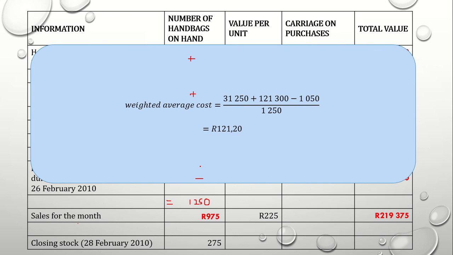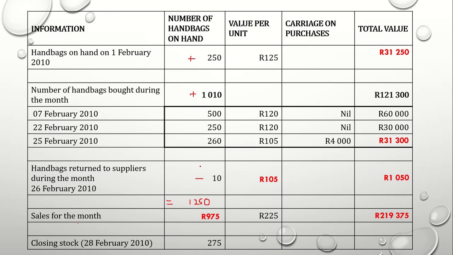It'll give you a cost price per unit of 121.20. You use that to calculate the value of your closing stock: you will simply take 275 and multiply by 121.20, and it will give you the value of your closing stock.